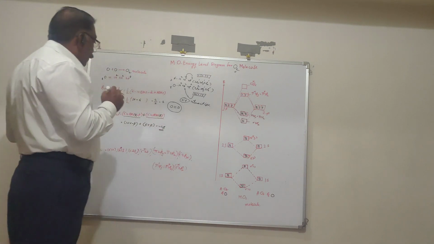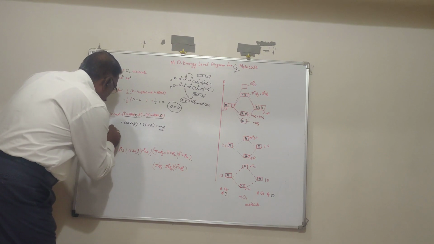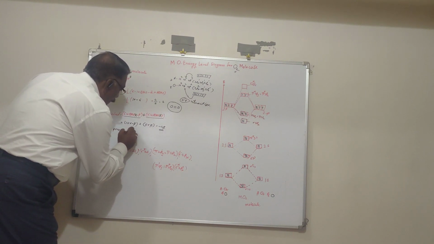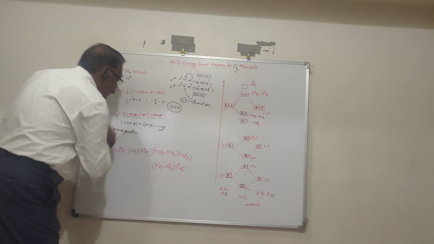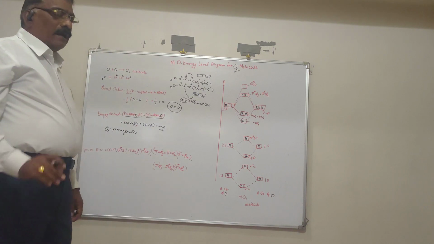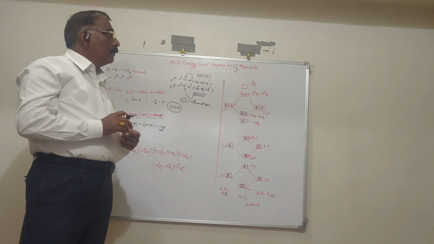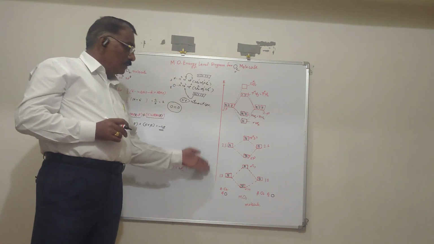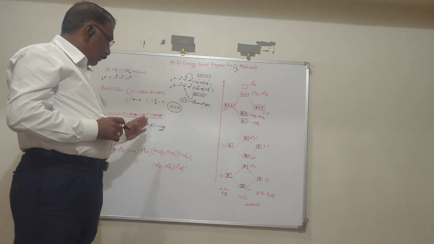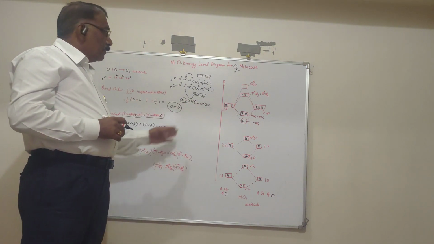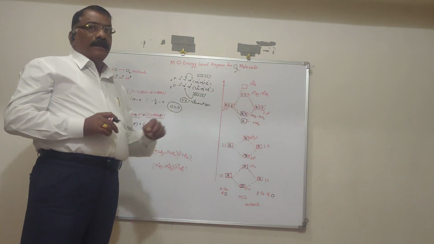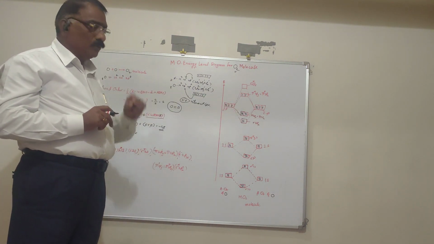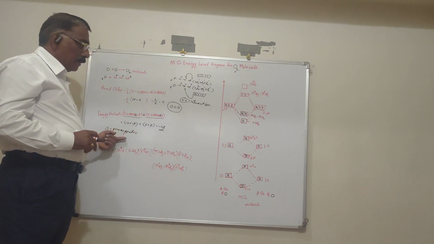This indicates that the O2 molecule is paramagnetic. Always there is a question: explain the paramagnetism of the O2 molecule. At that time, you have to draw this diagram, calculate bond order, calculate energy, and show that there are two unpaired electrons in antibonding molecular orbitals, and due to that, this molecule is paramagnetic.